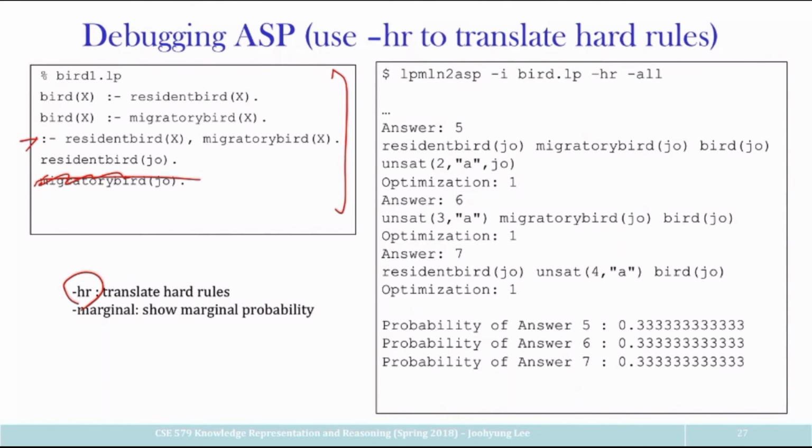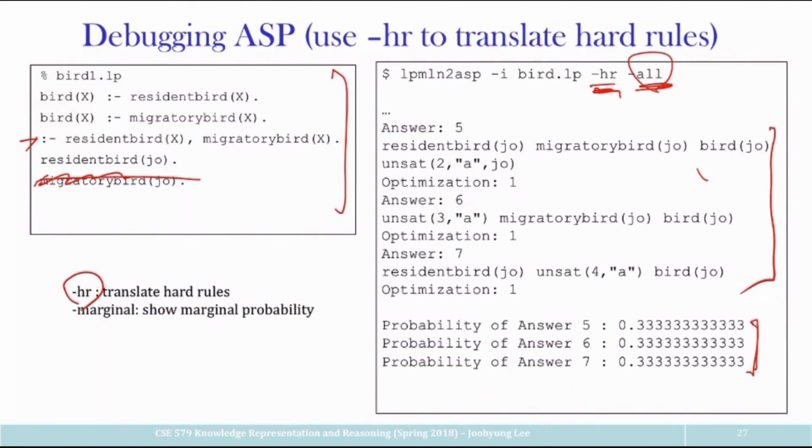So how do we actually utilize this in debugging ASP? You call LPMLN2ASP with -hr, and this other option is actually to give the probability. But if you don't want to know about the probability, you can skip this option. If you do this one, you will actually get this. So there are 3 ways that the inconsistency can be resolved.